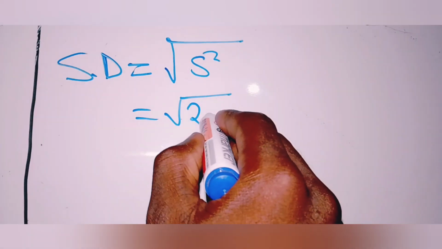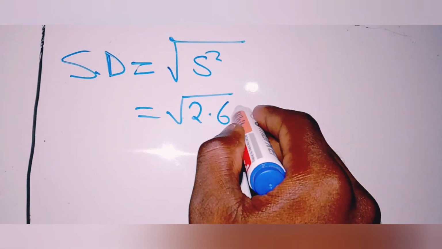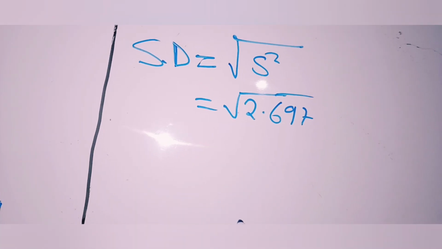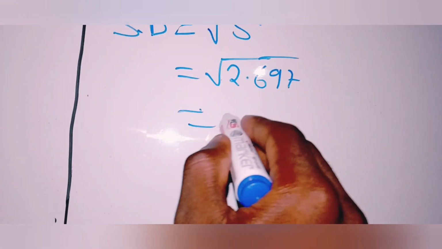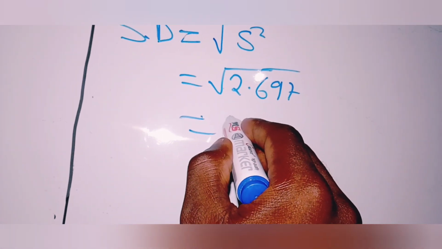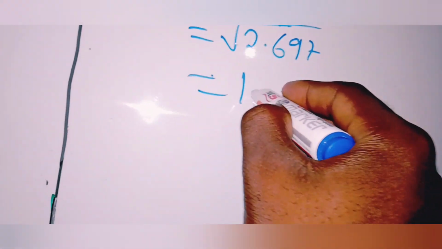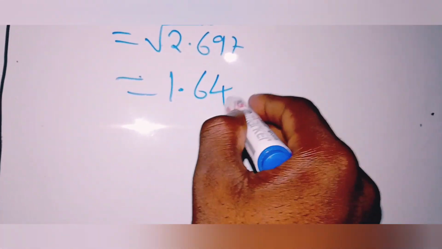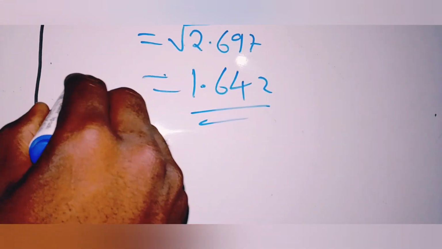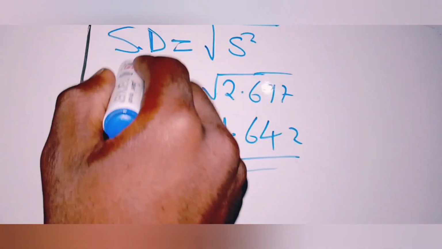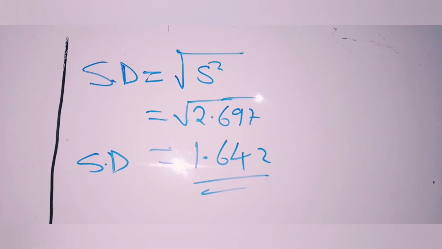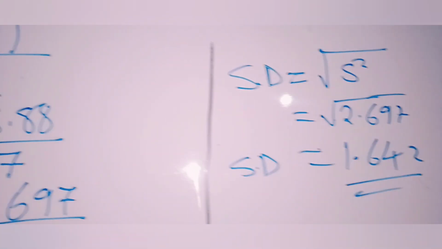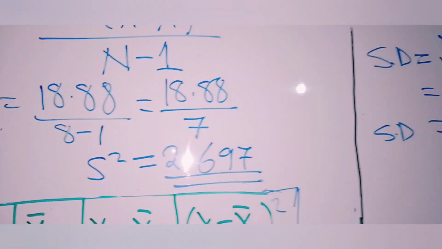It is 2.697. So what is it going to give us? It is 1.642, right? Try to confirm the answer. So this is what it has given me, the standard deviation. So this is how you are supposed to answer it.